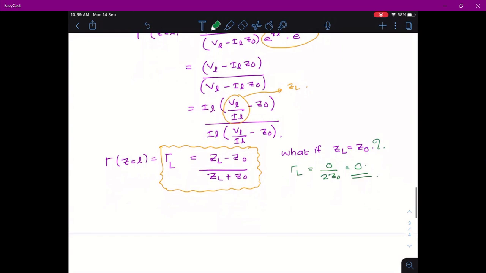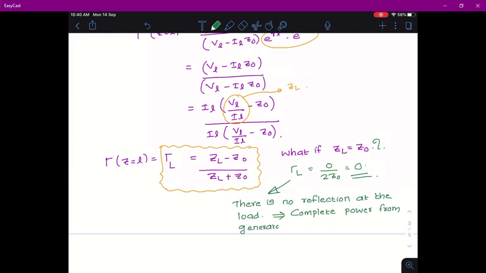When tau L is equal to 0, this implies there is no reflection at the load, or this means complete power from generator is transmitted to load.